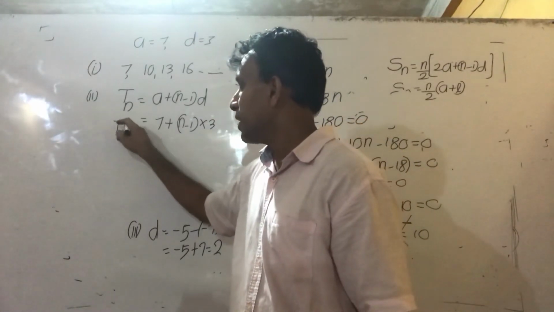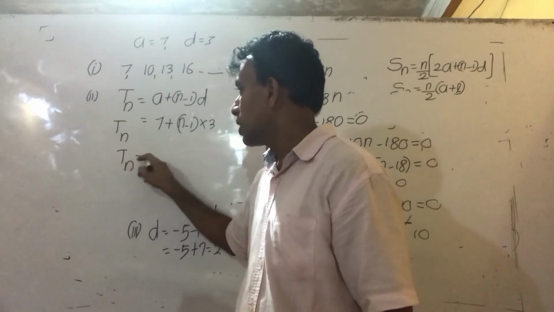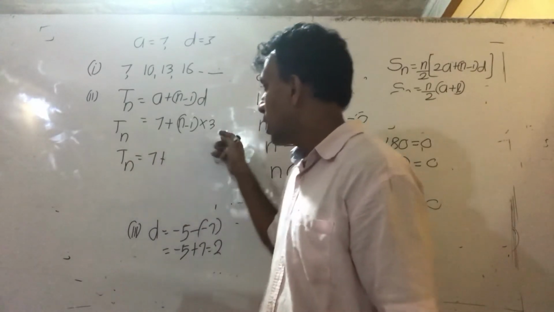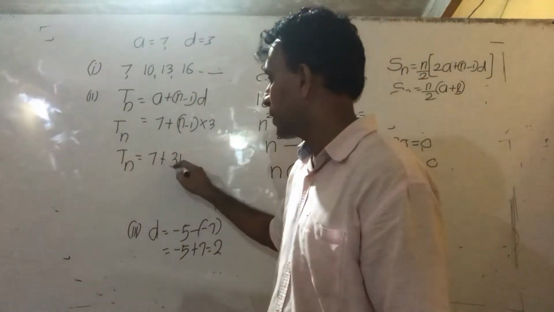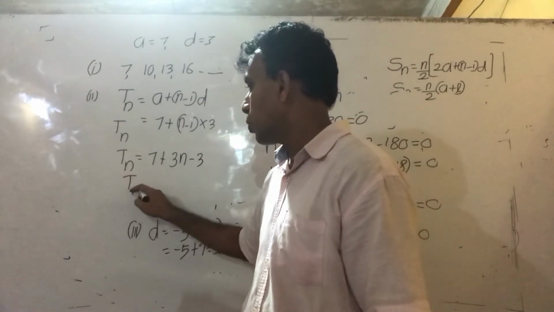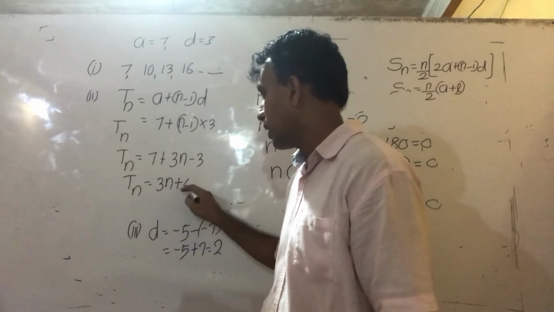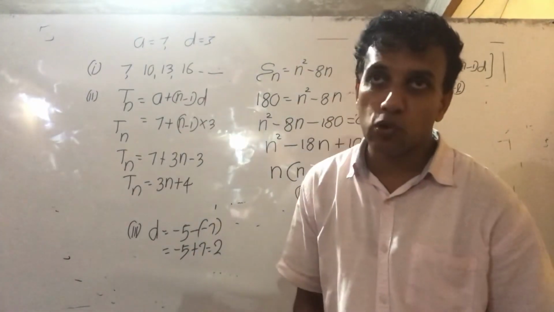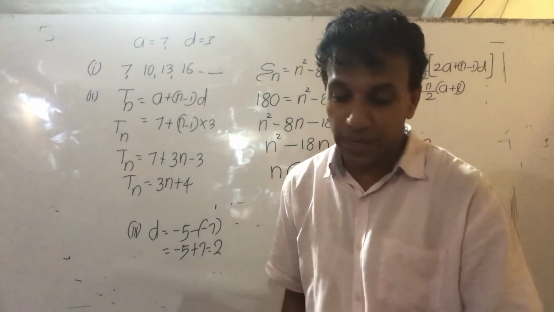This is Tn, so Tn equals 7 plus 3 times n minus 3, so Tn equals what? 3n plus 4. 3n plus 4 is the answer, the nth term of this series.